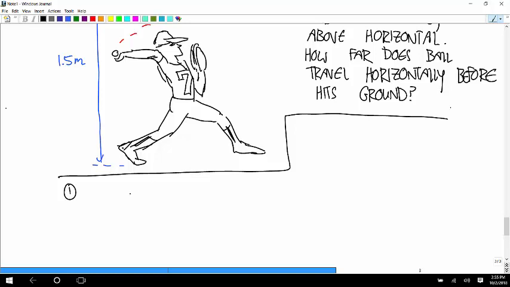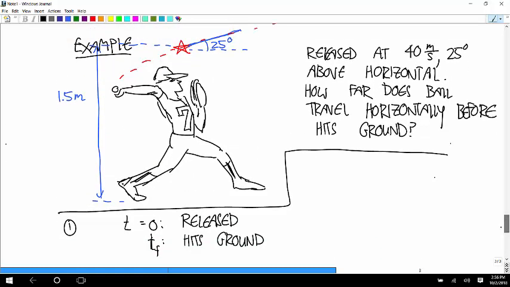So what do you think is going to be our time equals 0 instant? Yep, instant that the ball is released. And what about time final? Hits the ground. Yep, exactly. And then for the coordinate system, I'm going to put the origin in the place that I put it in almost every one of these problems, maybe every one. I'm going to put it on the ground right beneath where the thing is at time equals 0.